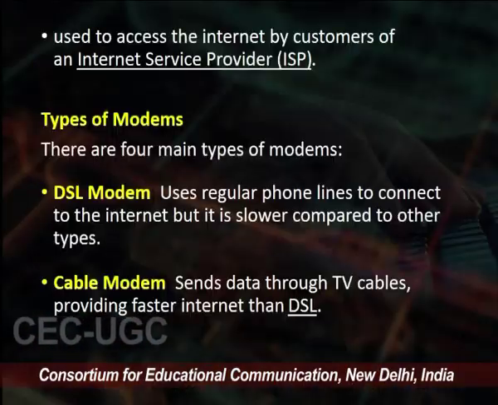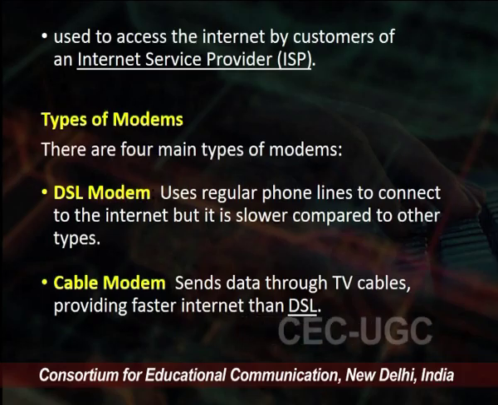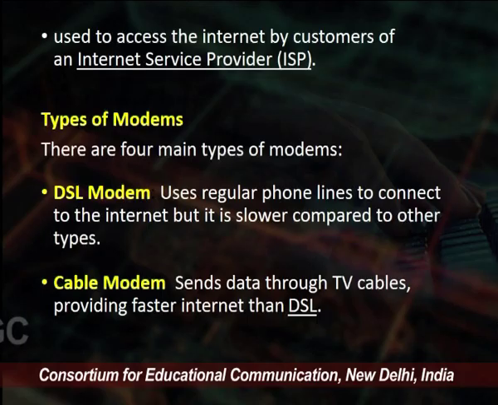Looking into types of modems, based on the technology, we can say there are 4 main types of modems. One is the DSL modem. This type of modem uses regular phone lines to connect to the internet, and the problem is it is slower as compared to other types of modems.